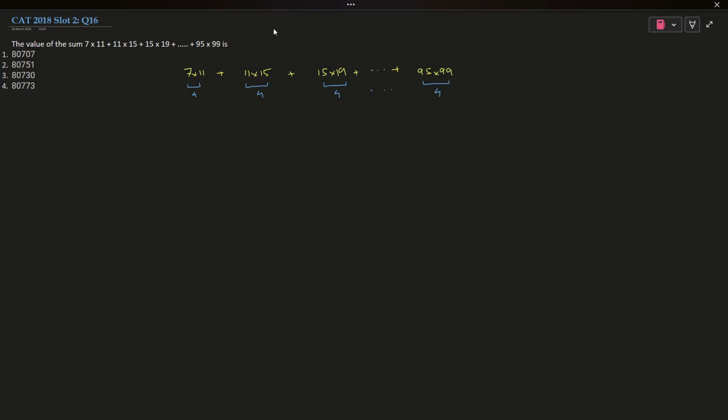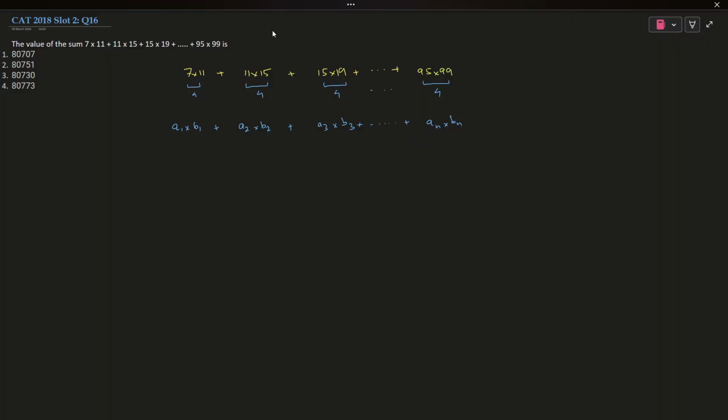Let's say I represent each of the terms as a1 into b1, a2 into b2, a3 into b3, and so on, till an into bn. I don't know how many terms there are; I will calculate it.